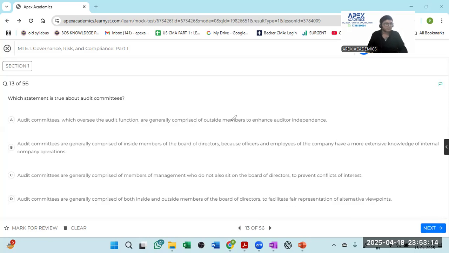Another statement: audit committees are generally comprised of inside members of the board of directors because officers and employees have more extensive knowledge. Sir, no. If this happens, there will be no independence.